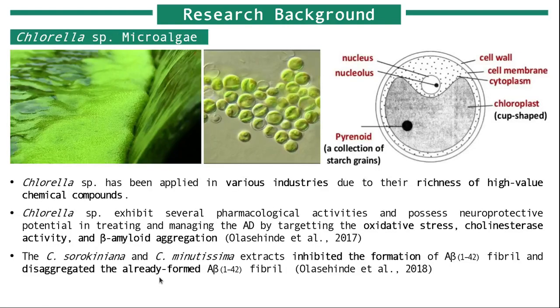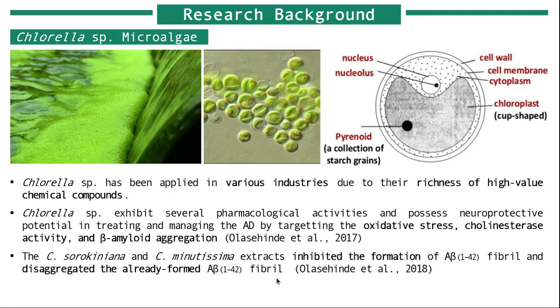Okay, so Chlorella sp. has been shown to treat and manage AD by targeting the oxidative stress, cholinesterase activity and beta amyloid aggregation. Here we focus on the beta amyloid. For the third point, it has been reported that the extracts from these two species inhibited the formation of AB fibril and also disaggregated the already formed AB fibril.